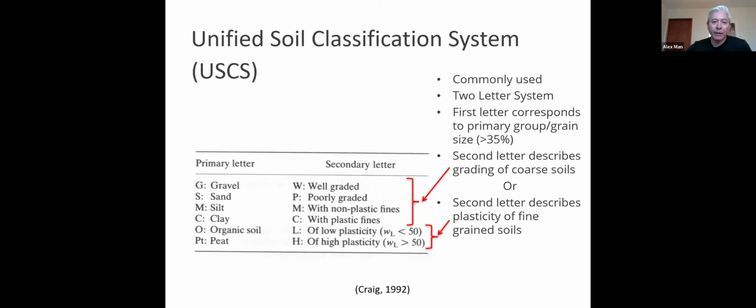We want to get rid of that. The second letter describes the grading of the coarse soils. So that's why we needed to have those couple slides there. So well graded, poorly graded, you'll get those two letters combined together. And the second letter for fine-grained soils, so for silt and clays, we're going to be talking about plasticity. So we'll get to that.